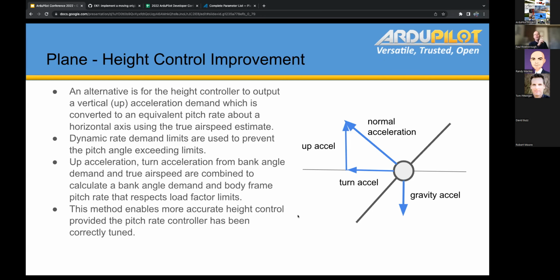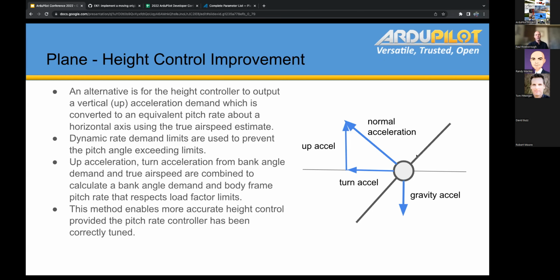Yes, well, it would, because then you make the assumption that you've got your normal acceleration, and then you have what's called your lateral acceleration, which would be a component of force along the y-axis of the vehicle, out along the wing, out towards the wingtip, and that's what you would control with your yaw controller.